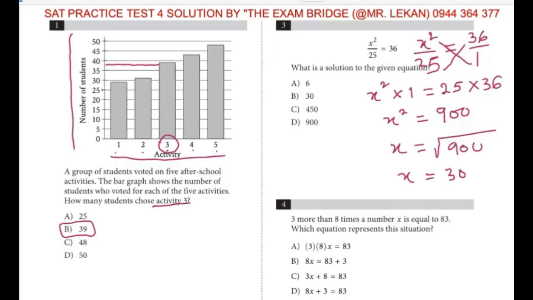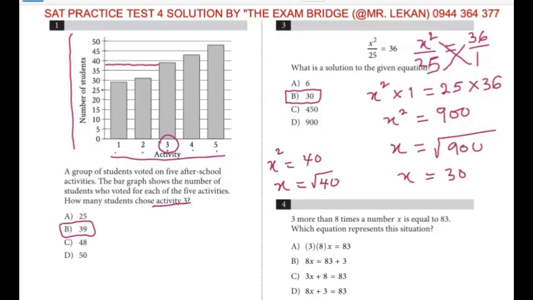That means my answer is B. Just try to note this step. If you have x squared is equal to any number, let's say 40 for example, to find x, it will be the square root of anything you have at the other side.